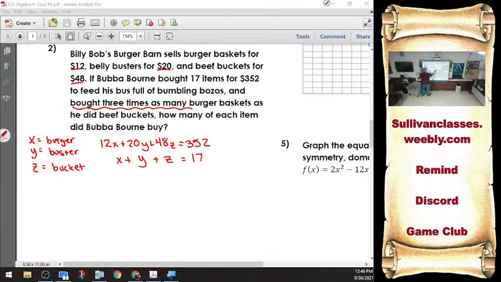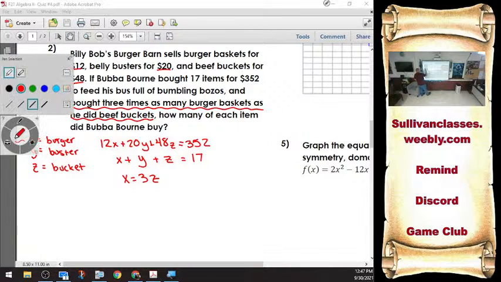Bought 3 times as many burger baskets as beef buckets. So the burger baskets is 3 times as many as the beef buckets. Set it up just like the ones we did in the book, where the 3 variable systems aren't even 3 variable systems. Just replace. Okay?